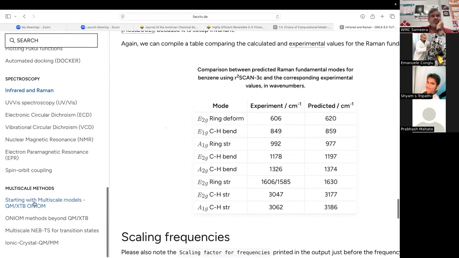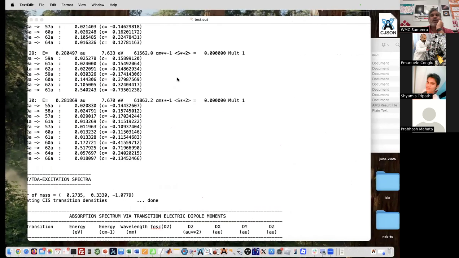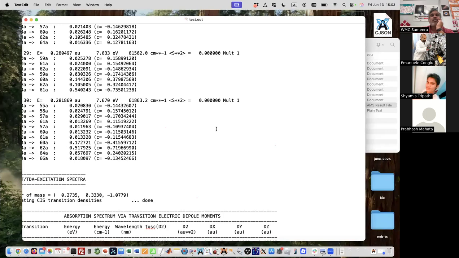Hello, sir. Can you hear me? Yeah. Sir, how can I decide whether a particular transition is a dark state or a bright state for UV-visible spectrum calculation? Can you explain from the results? Is it related to the emission?